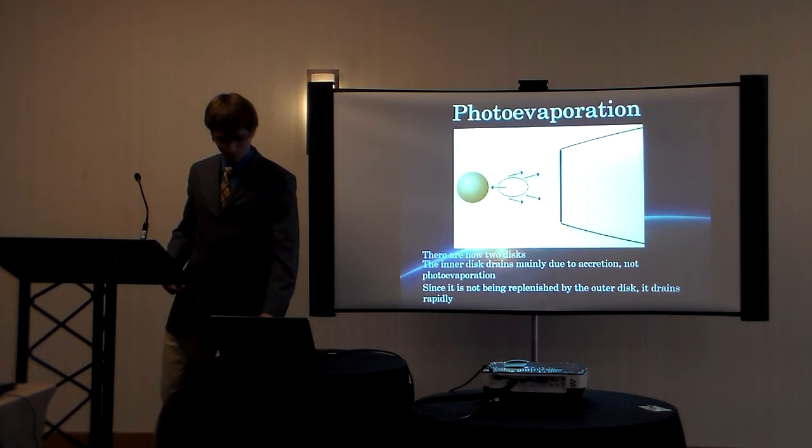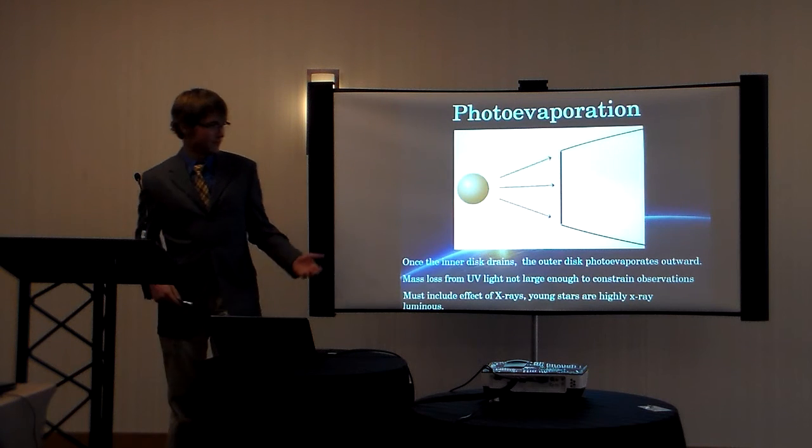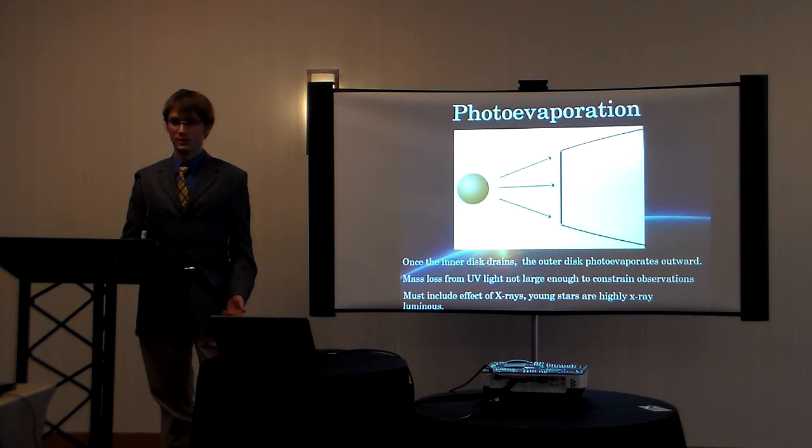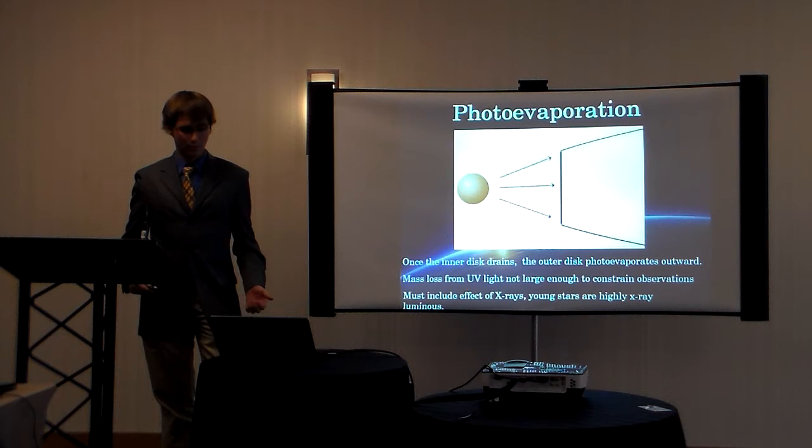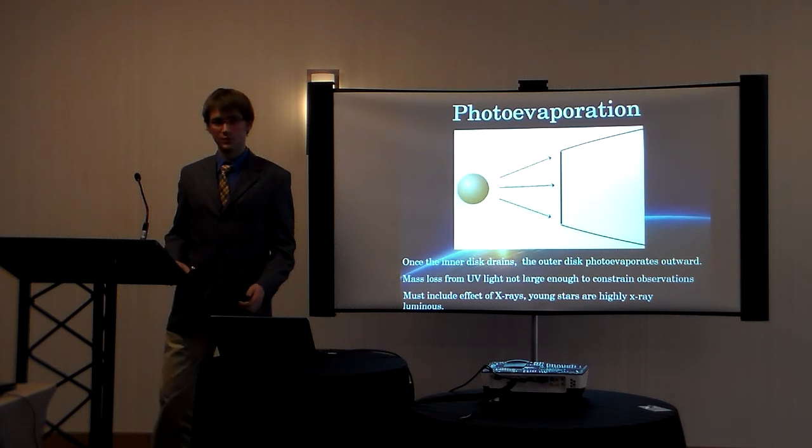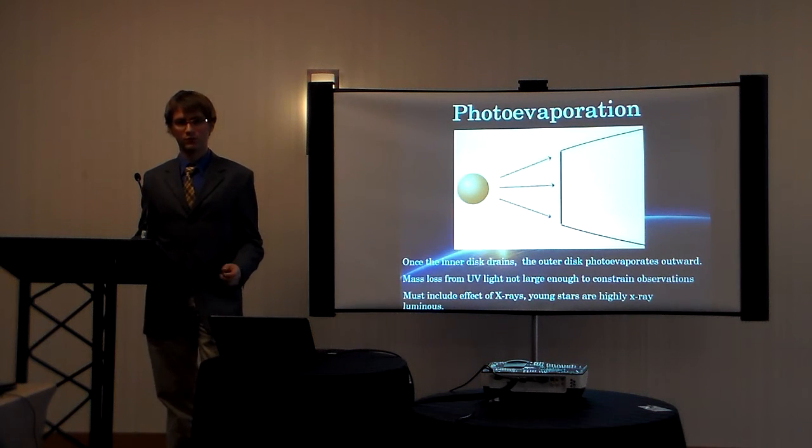And that leaves a very large inner edge for the outer disk to be photoevaporated away. Unfortunately, the original models, including only ultraviolet light, did not give enough mass loss to account for the lifetimes of observed disks.